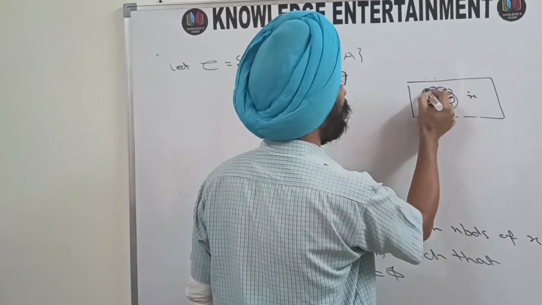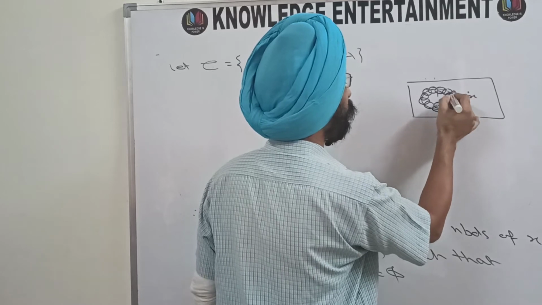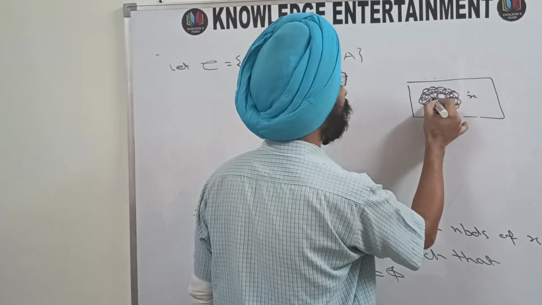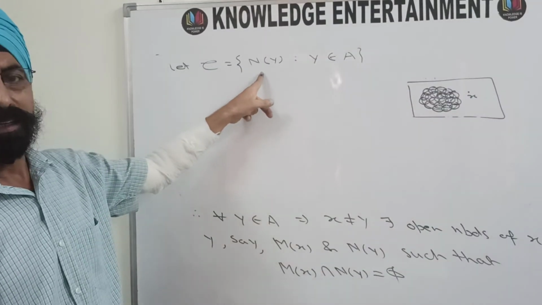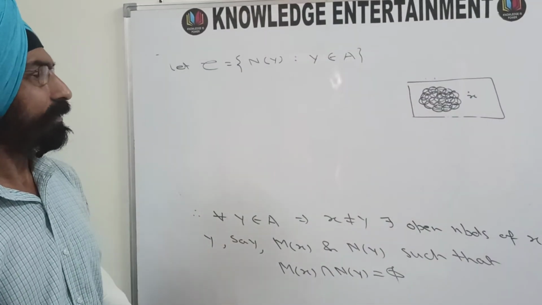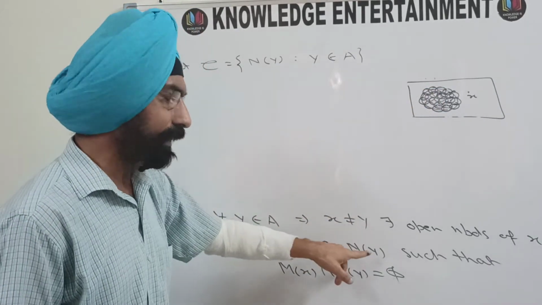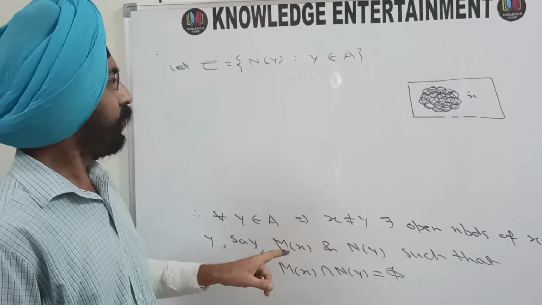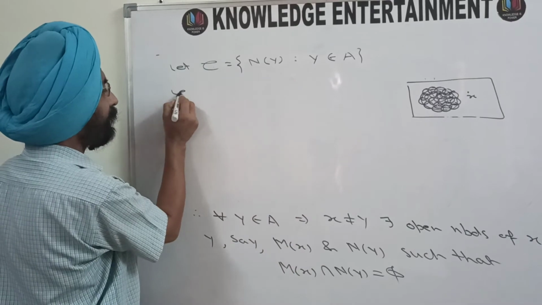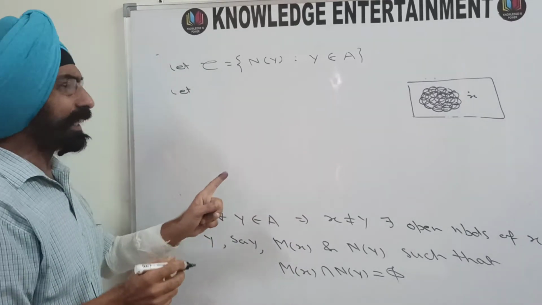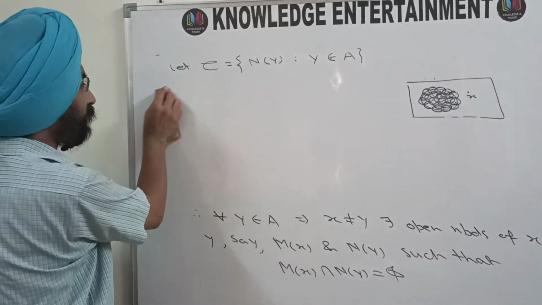So what I have taken is an open cover of A. For every element of A, I have taken Ny. And on the other side, for every y, there will be Ny and there will be Mx. What I will do now, one thing is clear, that C is an open cover of A. So let me write that first.